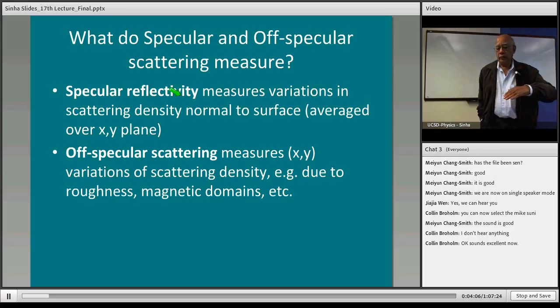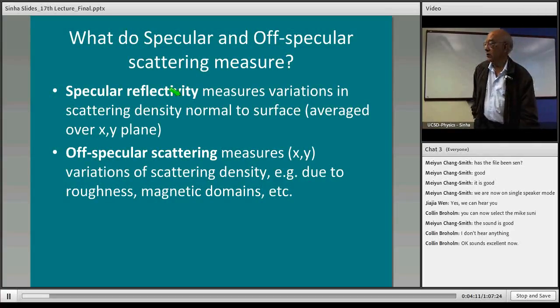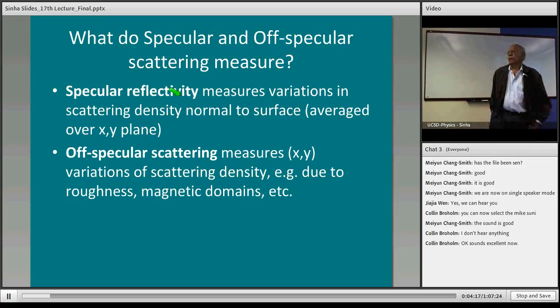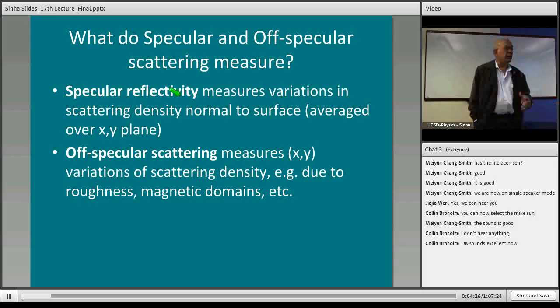It can also measure magnetic density profiles, which is magnetization density profiles, which is probably what we're more interested in. Whereas off-specular scattering measures in-plane variations of the scattering density in the plane due to phenomena such as roughness, magnetic domains existing, ordering, stripes, and various other kinds of things. So those all occur in the off-specular direction.